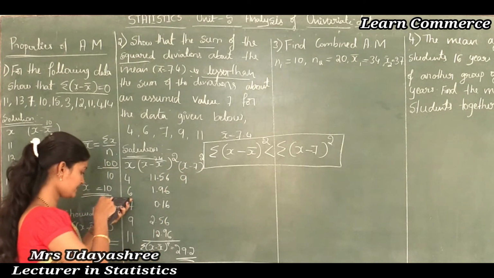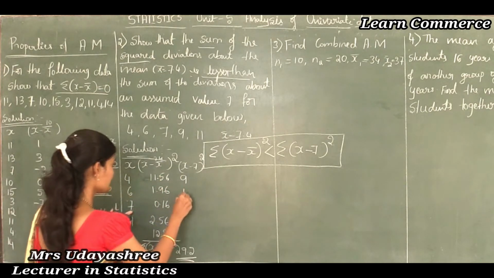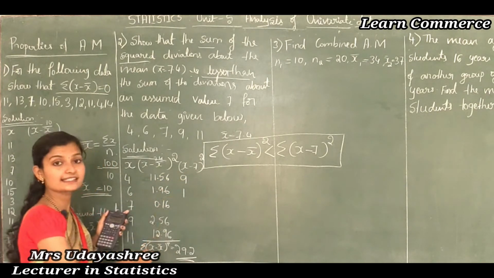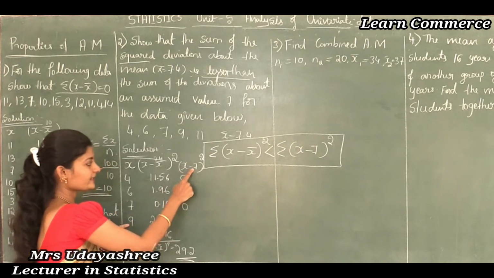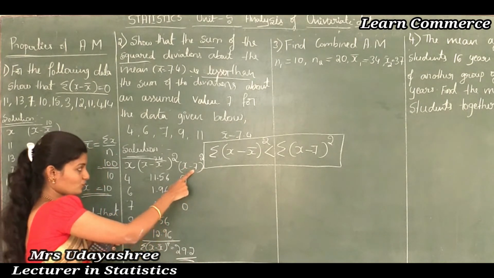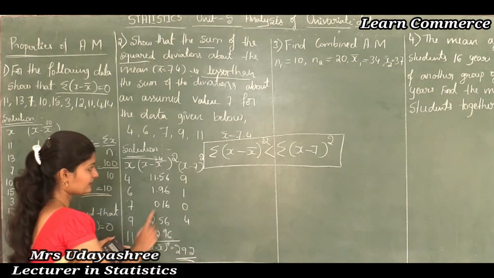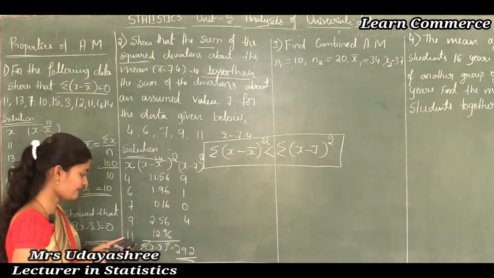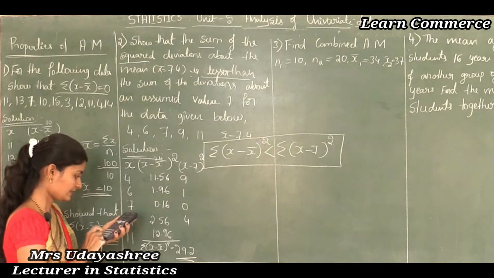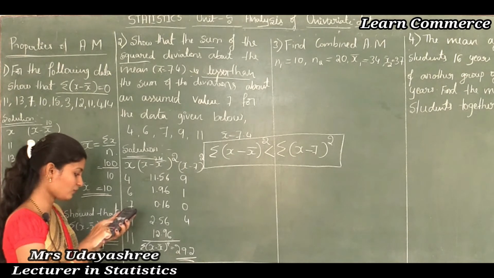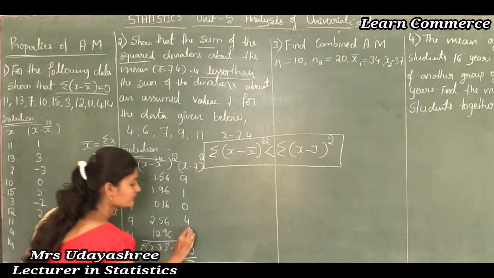Then 6 minus 7 to the power 2 is 1. 7 minus 7 is 0, and 0 to the power 2 is 0 only. Then 9 minus 7 is 2, and 2 to the power 2 is 4. Then 11 minus 7 is 4, and 4 to the power 2 is 16.